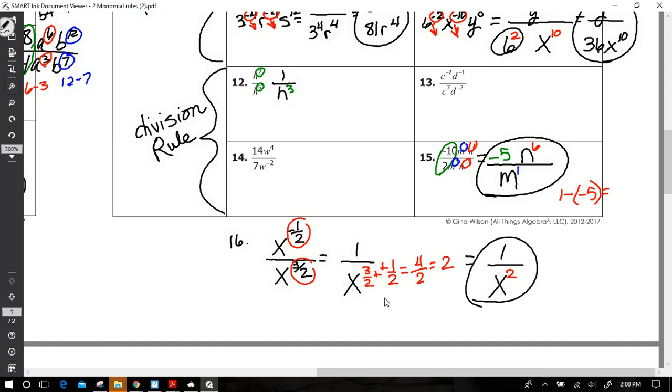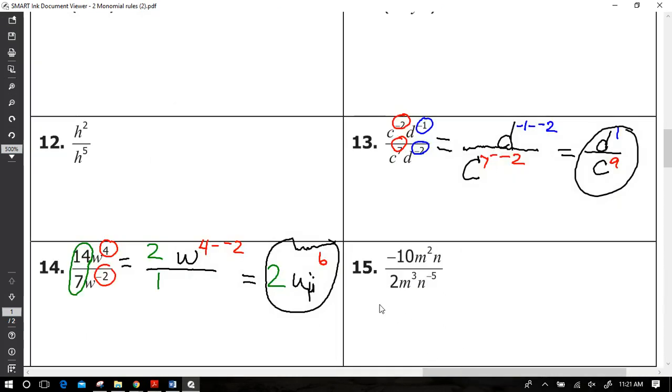So go ahead and pause the video and then come back when you've completed 13 and 14, and then you can compare your work with my work. All right, so welcome back. You've completed examples 13 and 14. I've gone ahead and shown all the work that I could, keeping in mind that we take the larger exponent for the c's, which is 7.